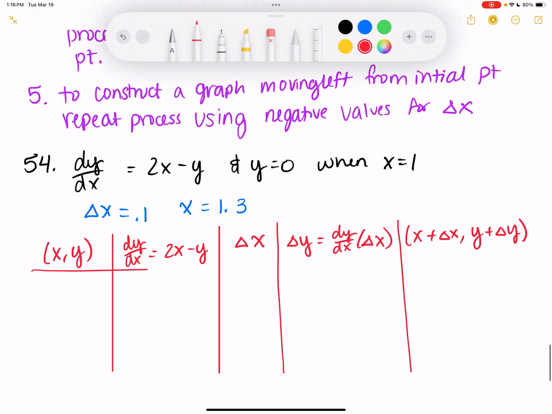I know that's not straight, but it's whatever. Okay, so the first point is going to be 1, 0, because that's what's given to us. x is 1 when y is 0. So 1, 0.